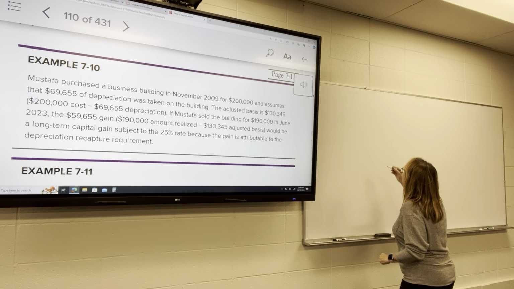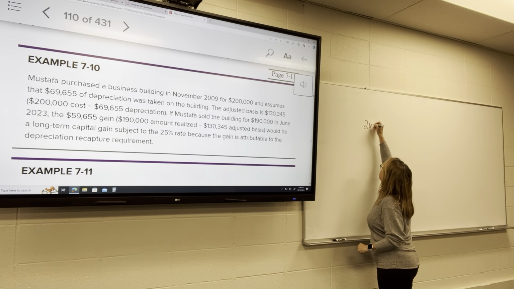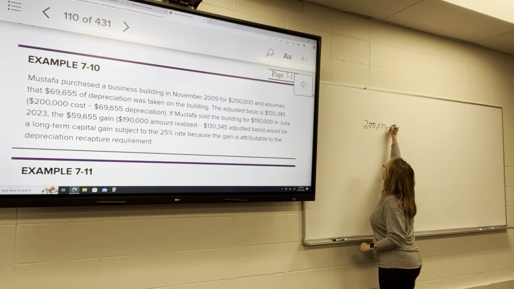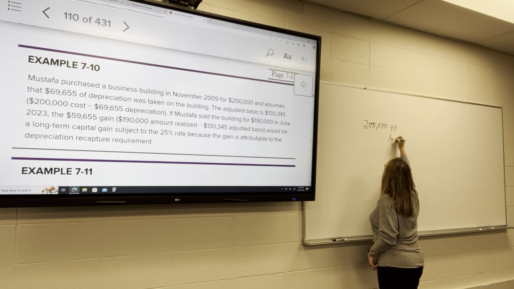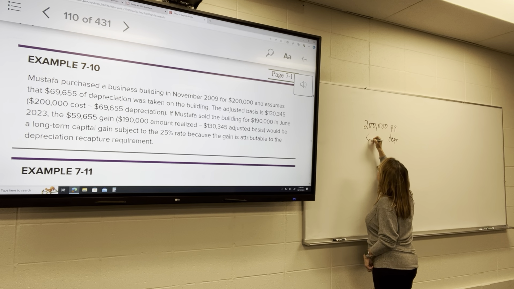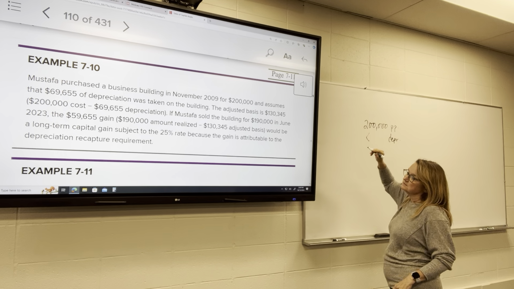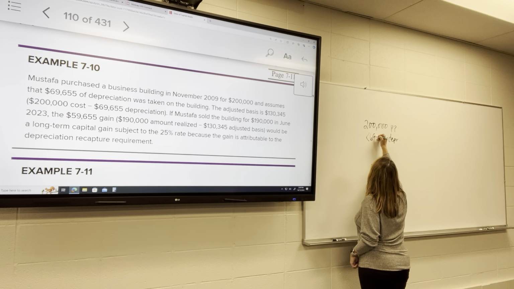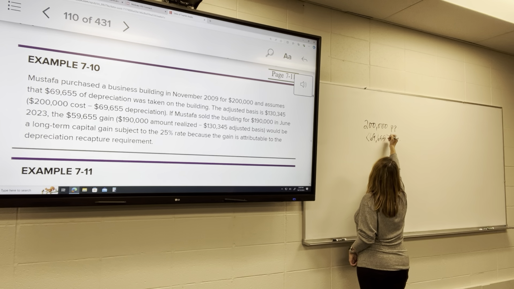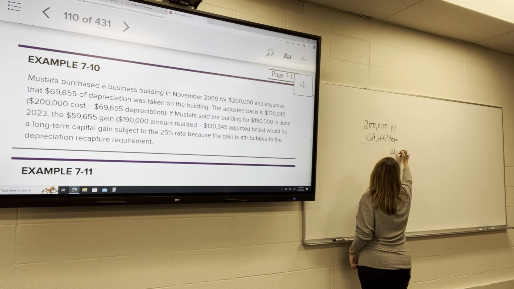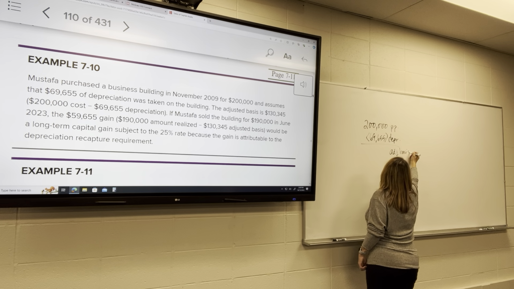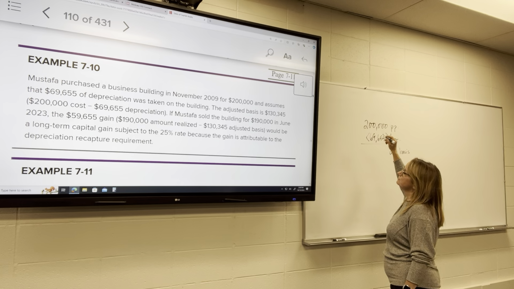So, $200,000 building purchase price, right? Depreciation was, what did they say? $69,655. So our adjusted basis is $130,345.